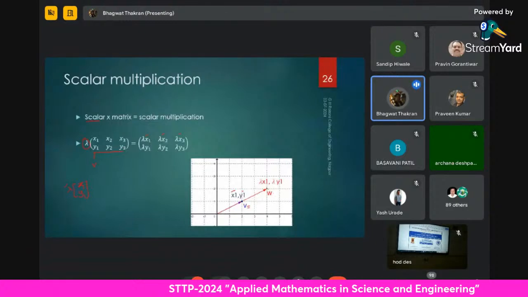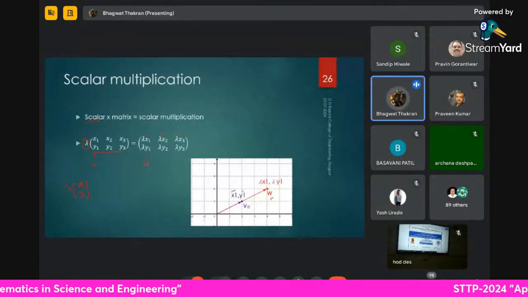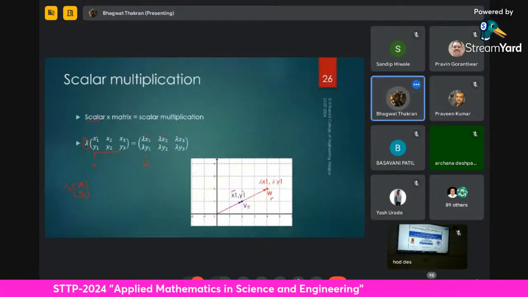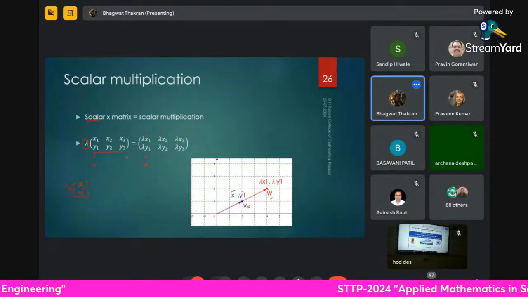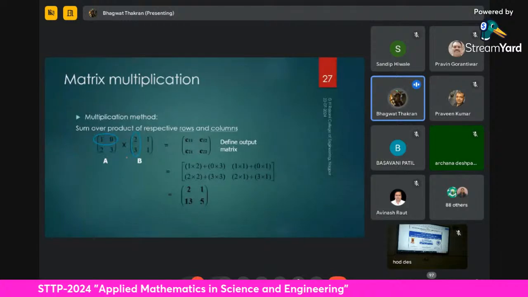The extension, say that is W, results in lambda x1 and lambda y1 as the column components. That's why when we say scalar multiplication in a matrix, that scalar gets multiplied with each component of the matrix. So this is a basic thing, scalar multiplication.